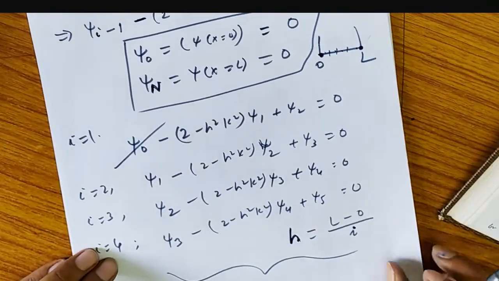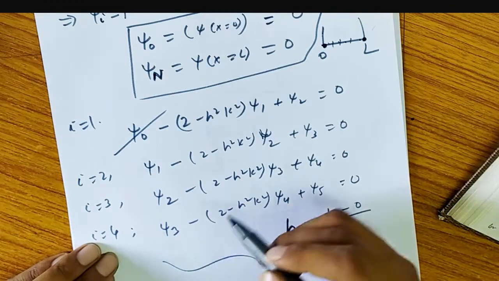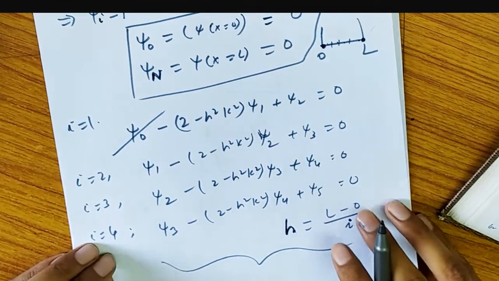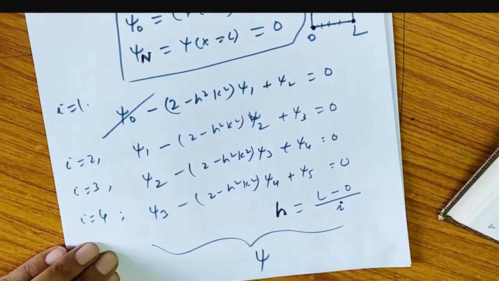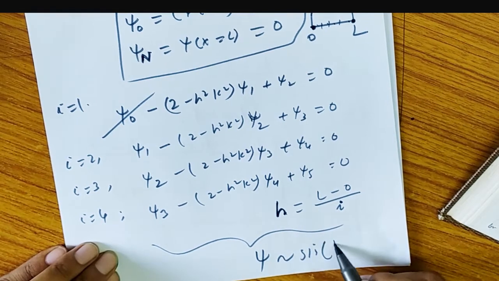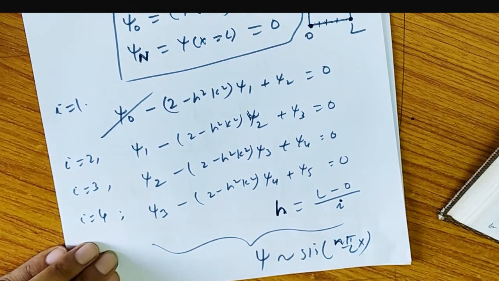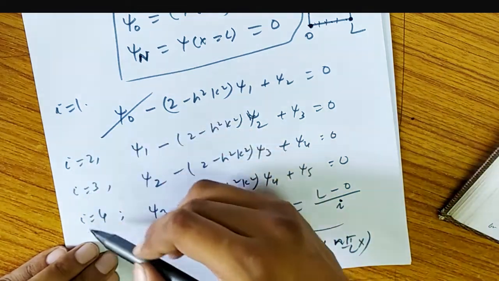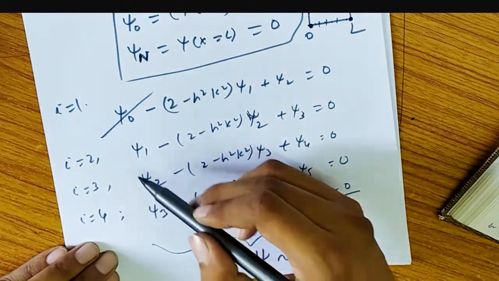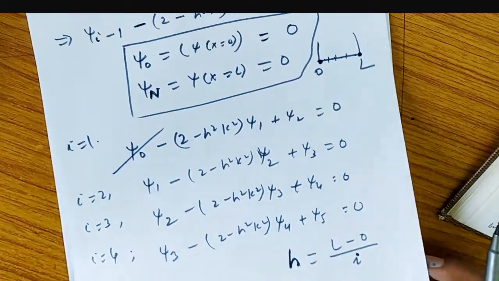Well, one interesting thing: for i equal to 1, 2, 3, you have psi 1, psi 2, psi 3, psi 4. In a particle in a box, psi was psi of n pi by L into x. I have told you n is 1, 2, 3, 4, 5, and this n gives you the different states, psi 1, psi 2, psi 3, psi 4 and psi 1.